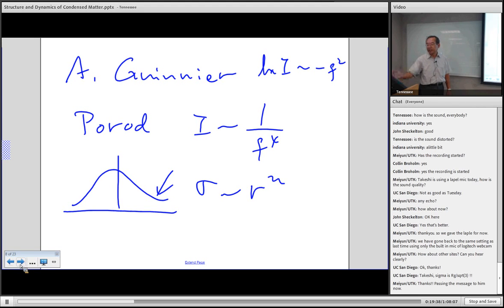Then you get a fractional power law. In fact, one of the instructors that you will hear later on, Professor Sinha, figured this out, and it's one of his important contributions that fractal small angle scattering can be defined this way.